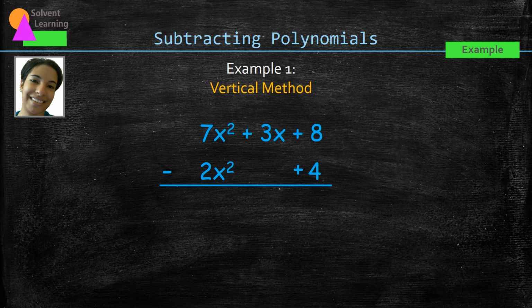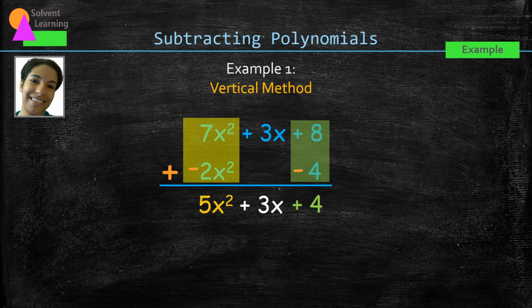Keep the first polynomial the same, change subtraction to addition, and then change the sign of each term in the second polynomial. Now we can combine like terms, adding these two polynomials together. And we get the same answer as with the horizontal method, 5x squared plus 3x plus 4.